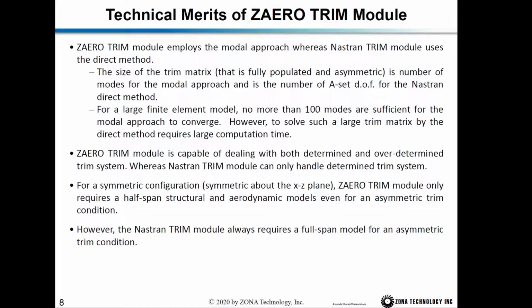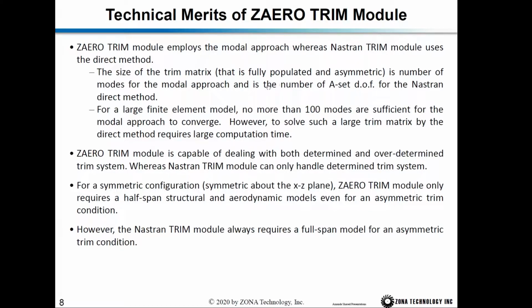Then they combine those two matrices, and they need to invert or decompose that matrix to solve the unknown trim variables and the structural deformation. This matrix is fully populated and asymmetric. So if you have a large structural model and you have large ASET degrees of freedom, this becomes very expensive.